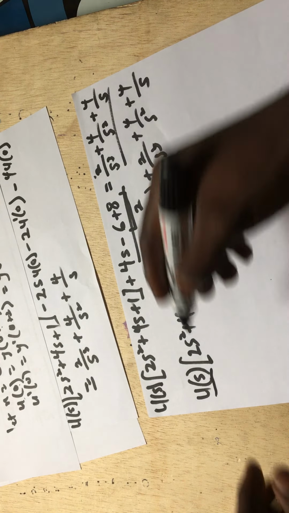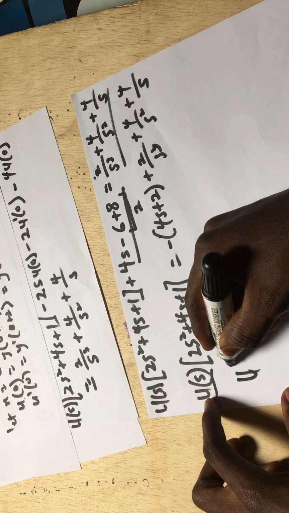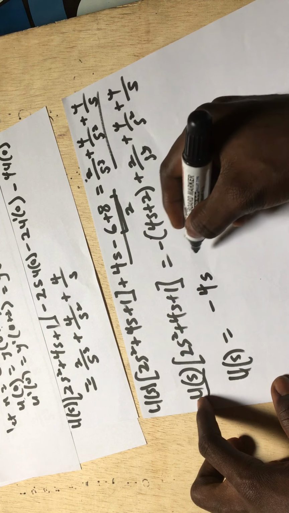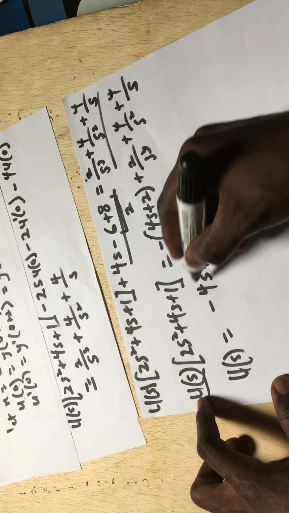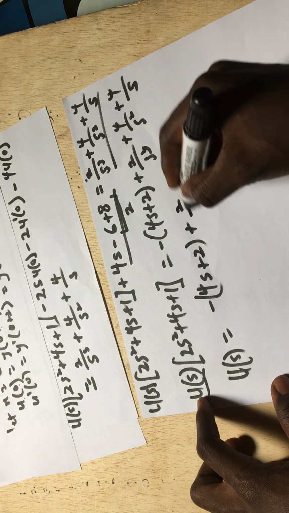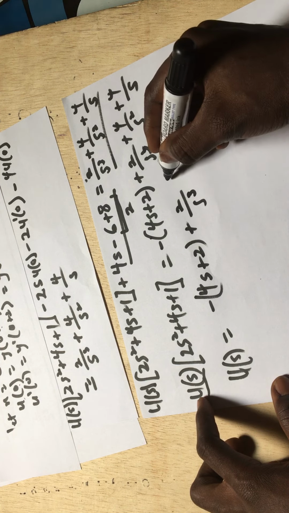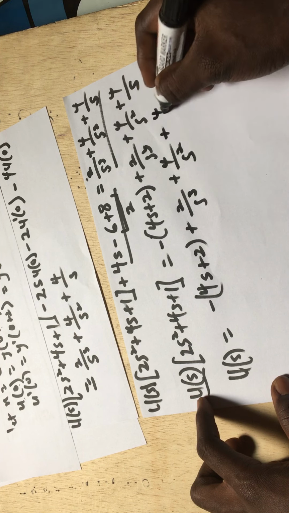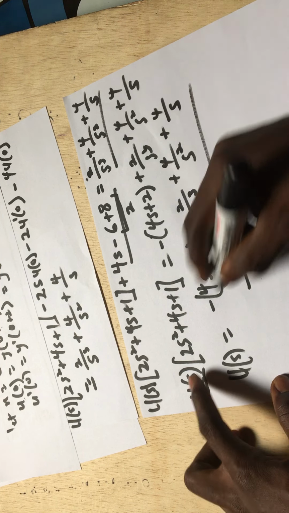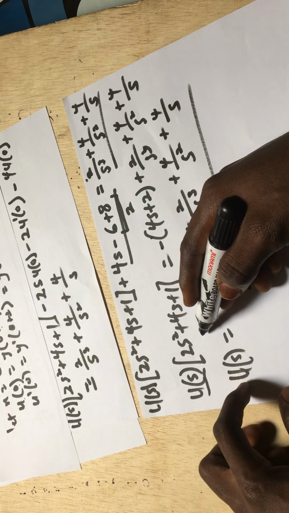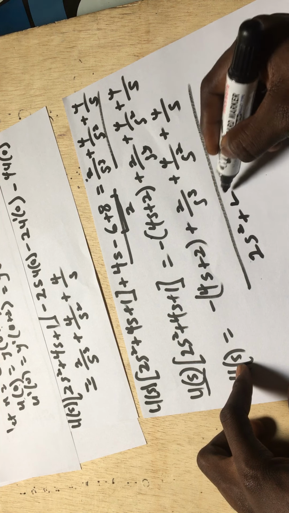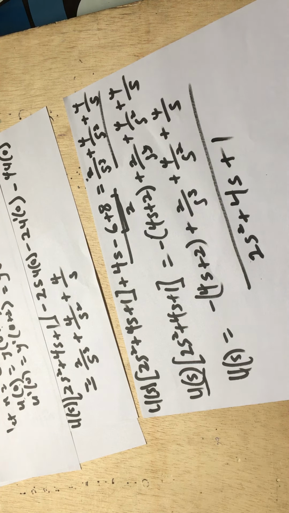When we make this the subject, capital U(s) will be equal to negative the bracket 4s plus 2, plus 2 over s cubed plus 4 over s squared plus 4 over s, all over the coefficient of capital U(s), which will be 2s squared plus 4s plus 1. I hope you are okay and we are good to go.